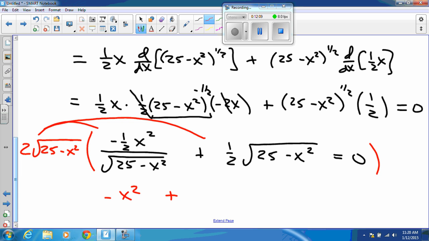And in the second term, my factor of 2 and 1/2 cancels, and my factor of root 25 minus x squared multiplies by root 25 minus x squared, and what is root 25 minus x squared times itself? 25 minus x squared. And all of that is equal to 0. And lo and behold, a very intimidating looking equation was converted into a very simple looking equation by clearing the fractions.